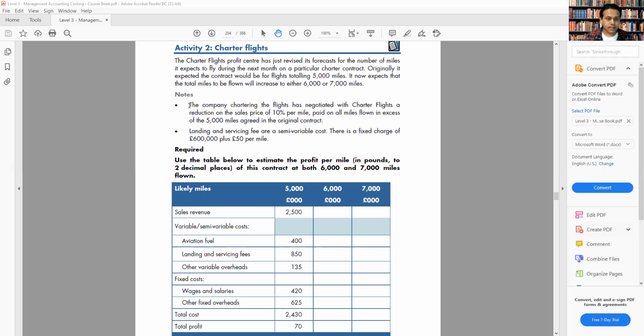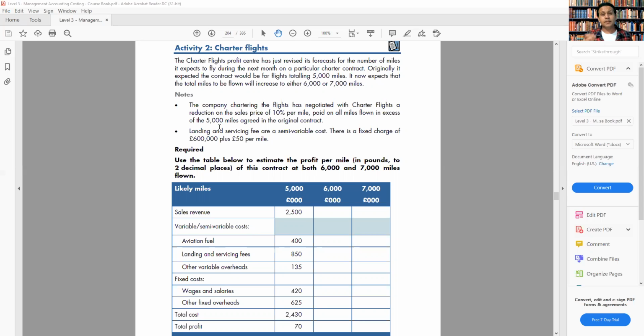On the notes, it says the company chartering the flight has negotiated with the charter flight a reduction on the sale price of 10% per mile, paid on all miles flown in excess of 5,000 miles agreed in the original contract. So if the customer books more than 5,000 miles, we give a 10% reduction.